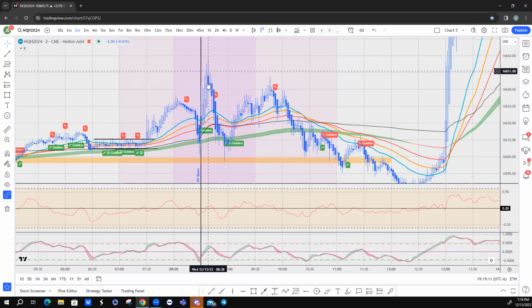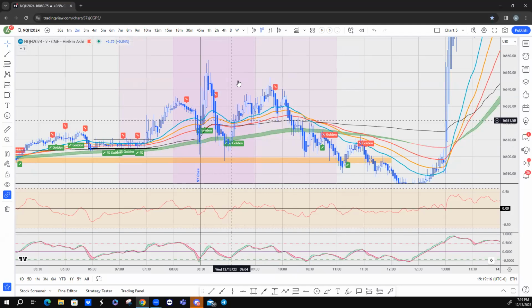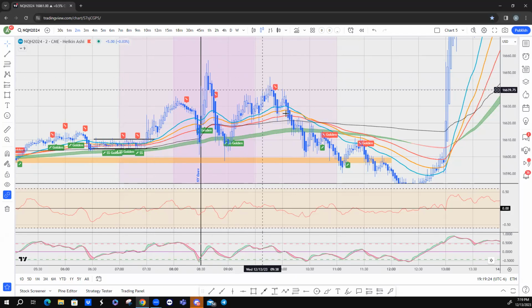It's going to do a little better than a regular buy or sell signal. So that's my theory behind that. And between 7 o'clock and 11, you can also find some pretty good trades.